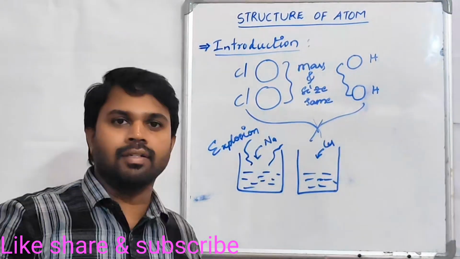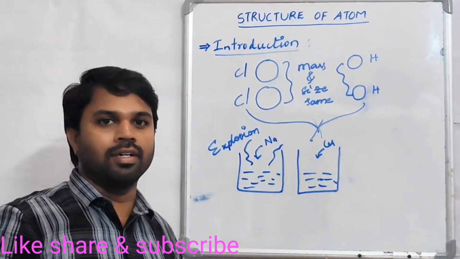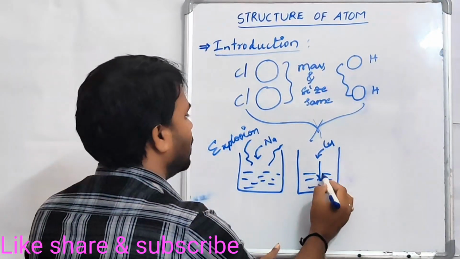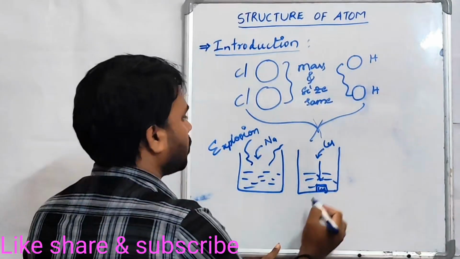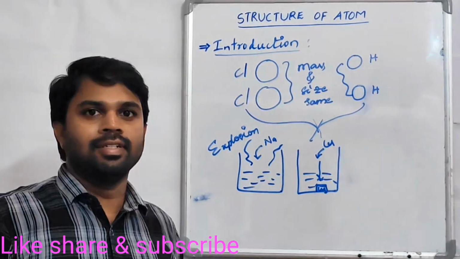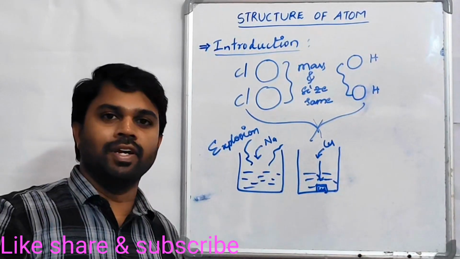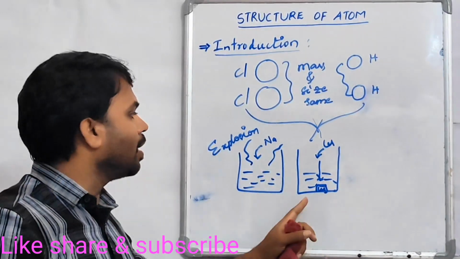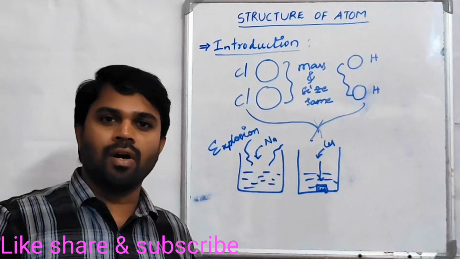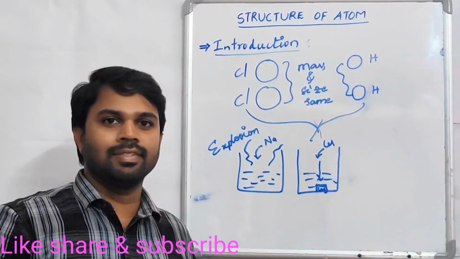In the second container, after adding copper into the water, copper goes down and settles here. Because in the first case, the reactivity of sodium with water is very high. And in the second case, the reactivity of copper with water is less.